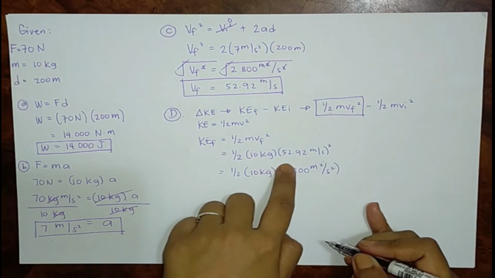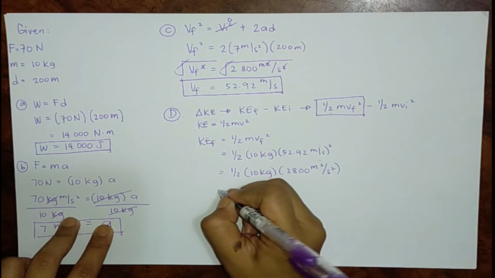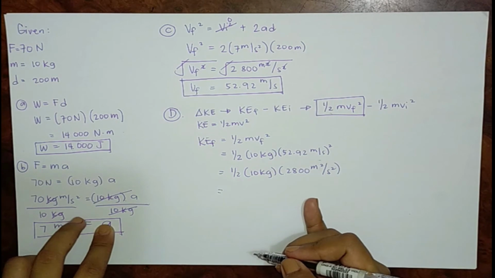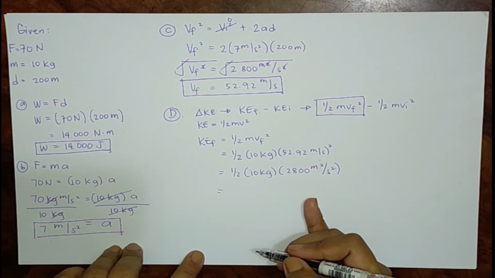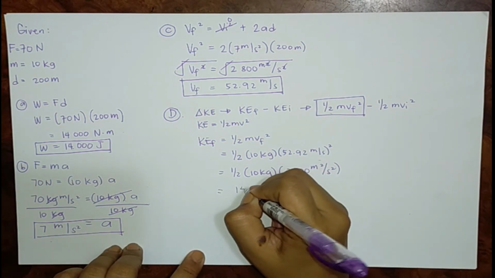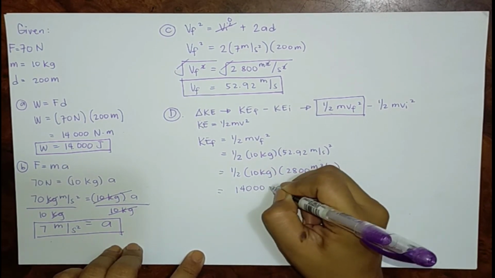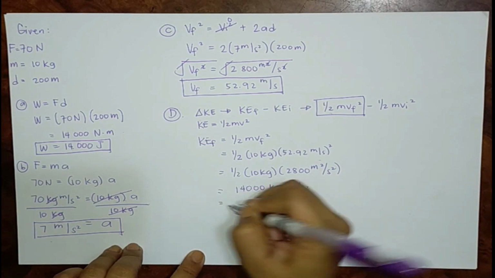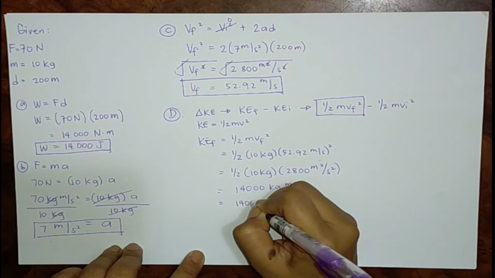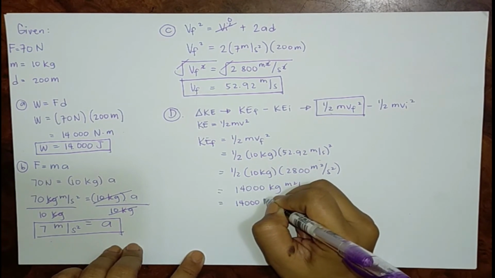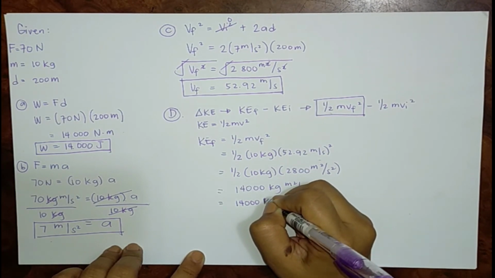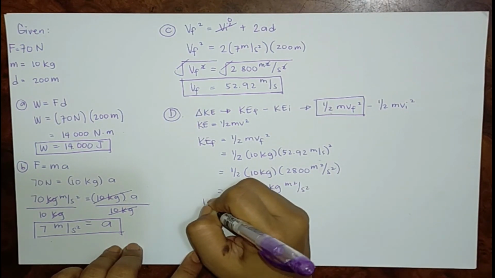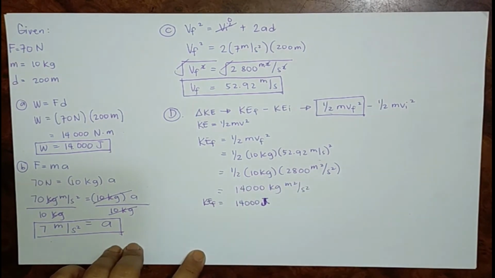We multiply the two values and divide by 2. So that is equal to 14,000 kilograms meters squared per second squared, or equal to 14,000 joules. This is for the KE final.